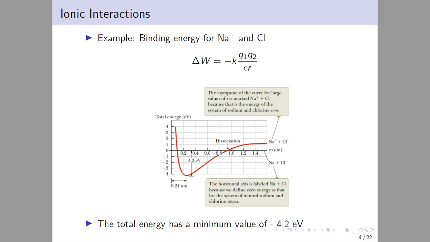So this is the distance between these two atoms, Na plus and Cl minus, 0.2 nanometer. The total energy has a minimum value of minus 4.2 electron volt. So this 4.2 eV is the best free Gibbs energy for this interaction.